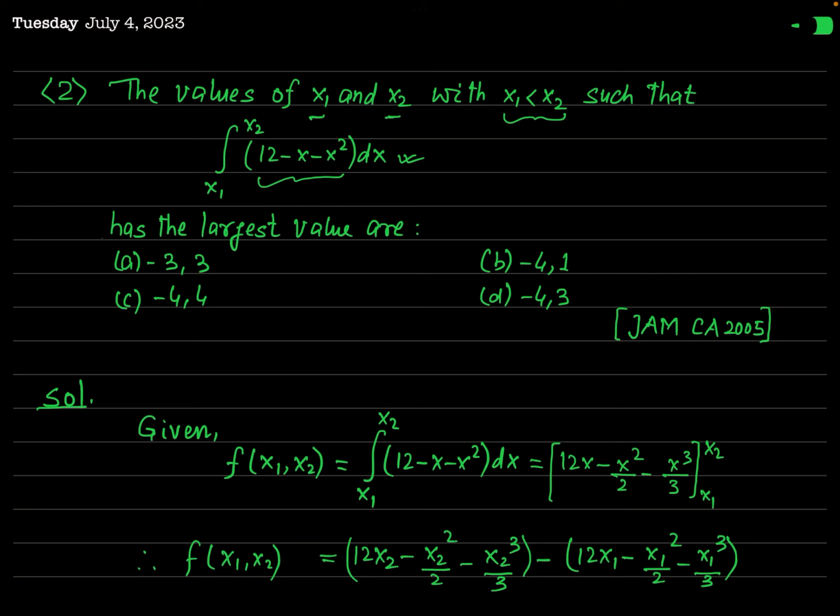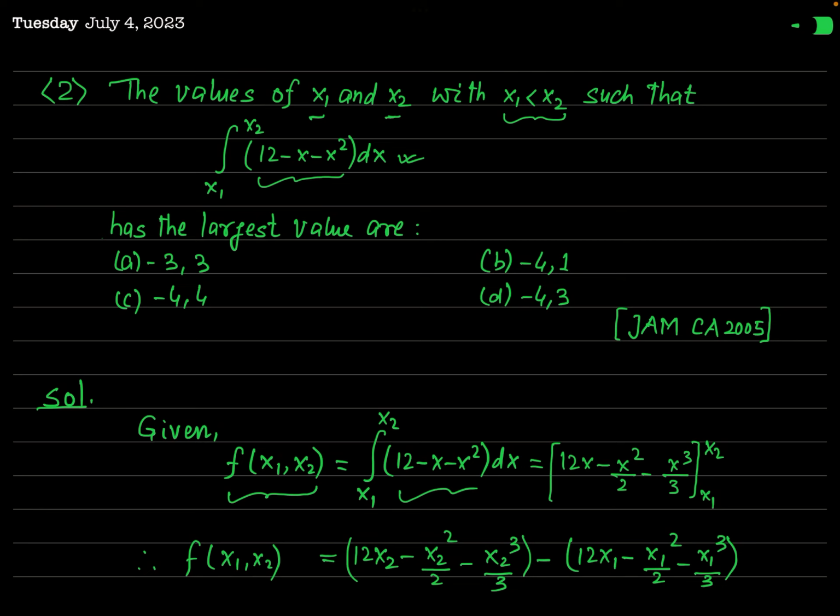It means when we actually integrate this function, in our expression there will be both variables x1 and x2. So this integral is not a function of only one variable, but a function of two variables, x1 and x2. So I have written here that the given function is f of x1 and x2, and this is the integral of this much.